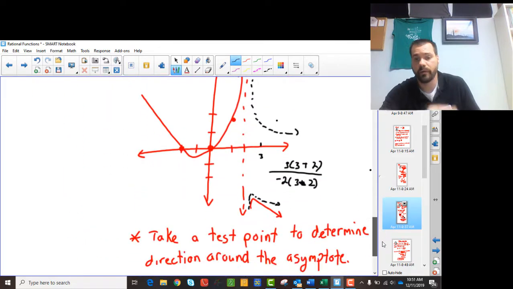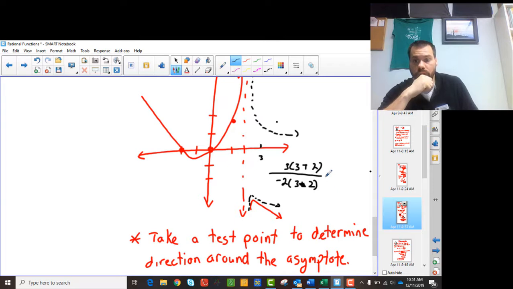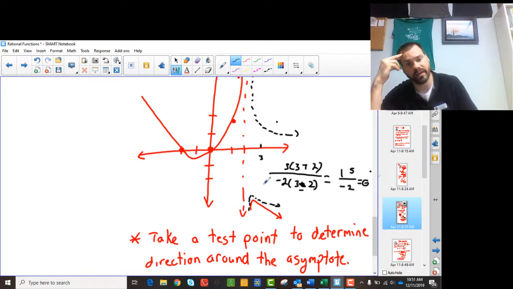Then what do you get? Well, that's 5 times 3, so that's 15, and minus 2 times 1, because that's now a negative. So that gives me minus 2, so it's going to be a negative number. I don't really care that it's negative 7.5. I care that it's negative, okay, because the negative indicates then that it's down here.